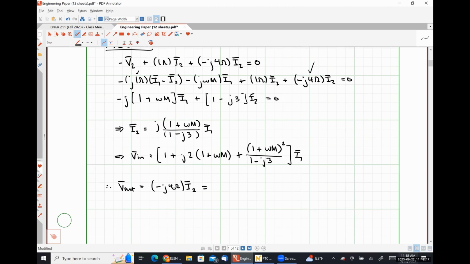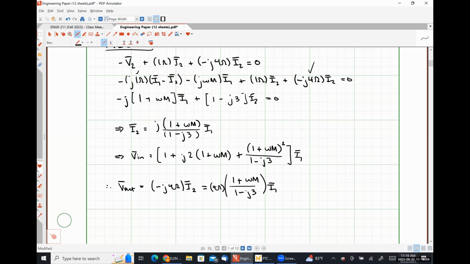So that negative j here times this positive j here is going to look like 1. And so I'm just going to have 4 times 1 plus omega m over 1 minus j3 times I1. And let me just do this 4 ohms so the units work out correctly. Are we okay with this? All right.